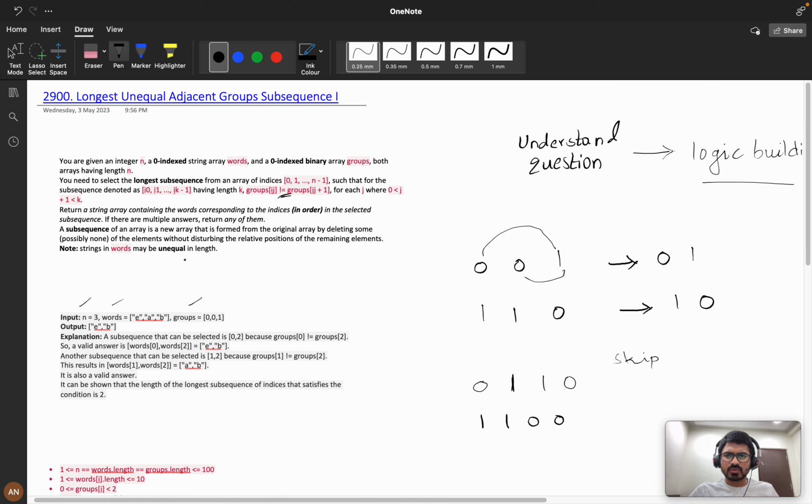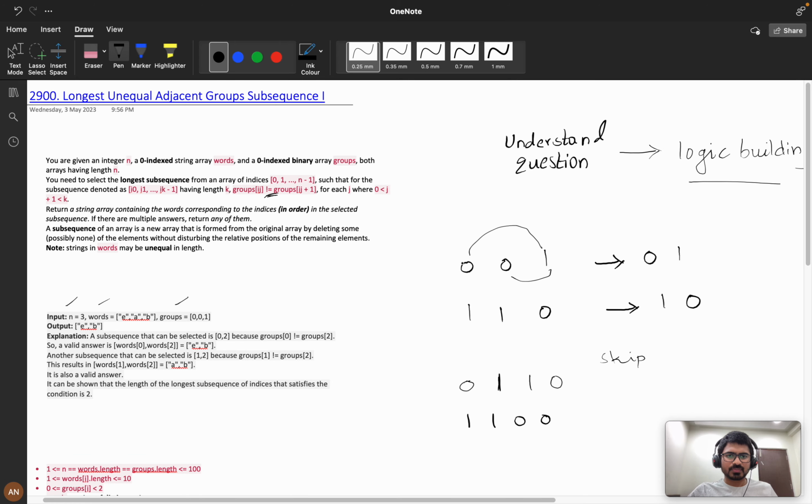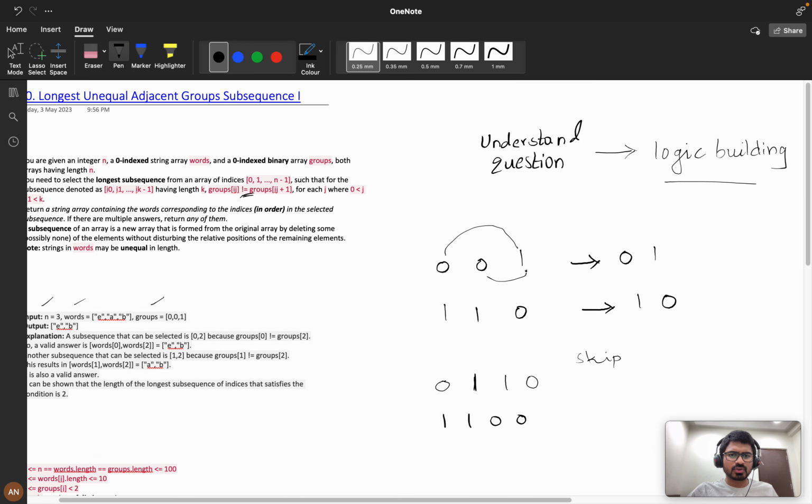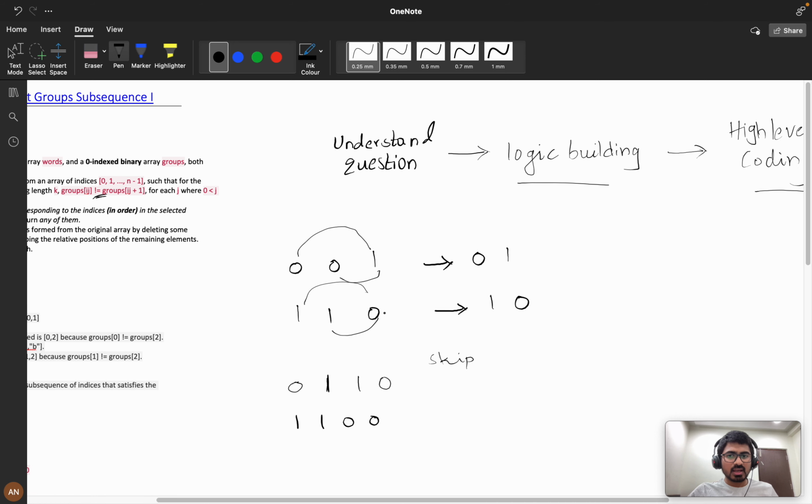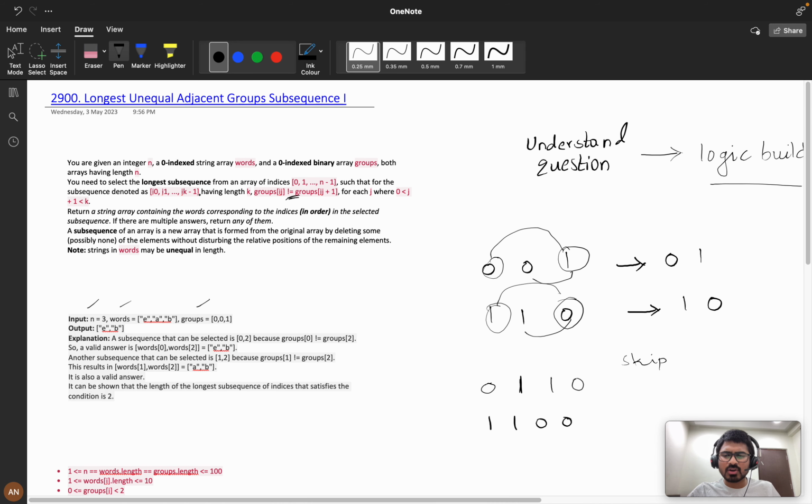First let's forget about words. Don't consider words, let's see words at the end. First we will concentrate on groups. Now he's saying that 0 1 or 0 1 or else 1 0 or 1 0. The groups should be unequal, and we need to find the longest subsequence.